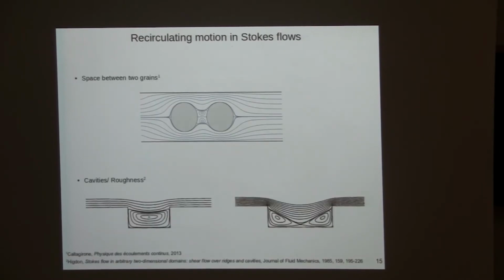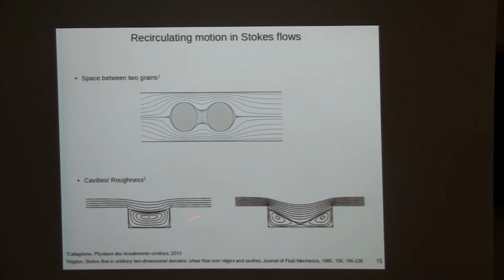So why I was saying you will find that in most of the fluid mechanics textbooks, you have to be very careful about this mental picture you can draw in your mind, saying that Stokes flow means that we don't have recirculation, and inertia means we have recirculation. It doesn't work in porous media. So in porous media, even though you work on a Stokes flow, so a very small flow rate, you can have recirculation.